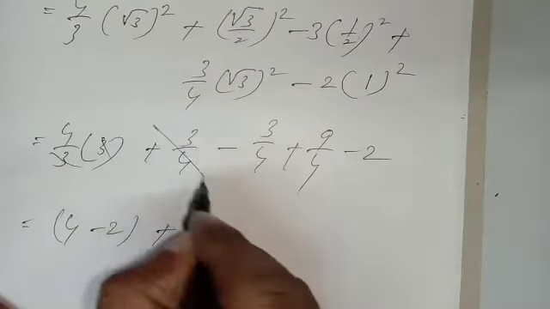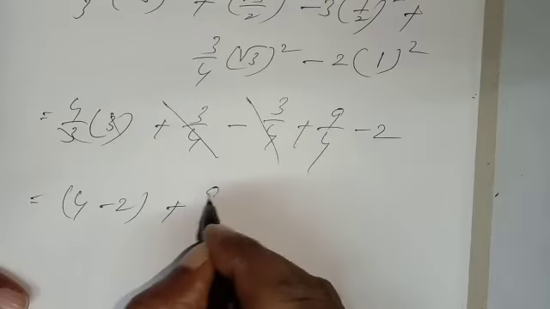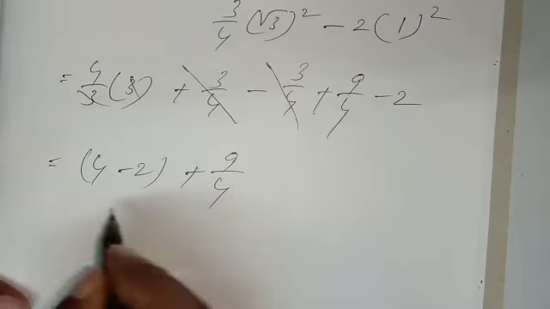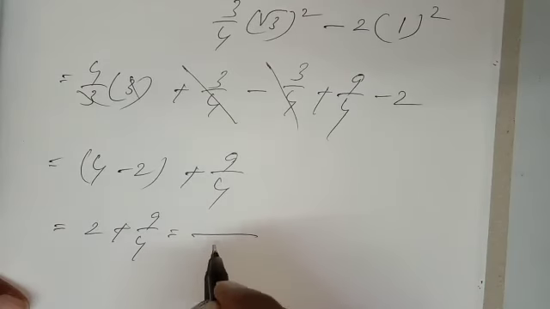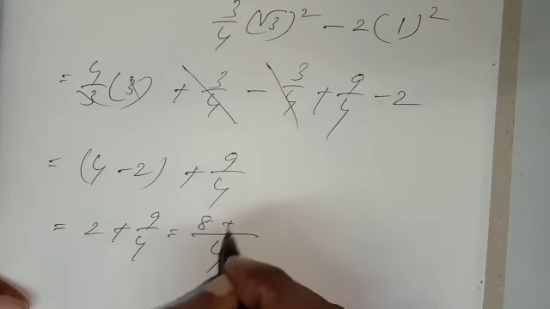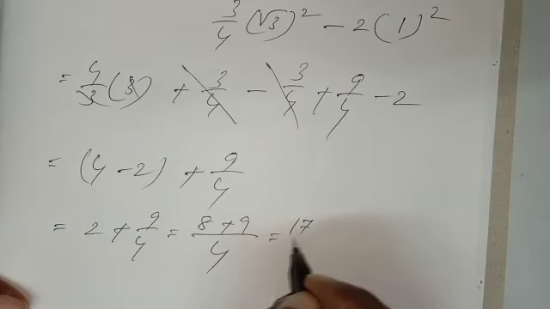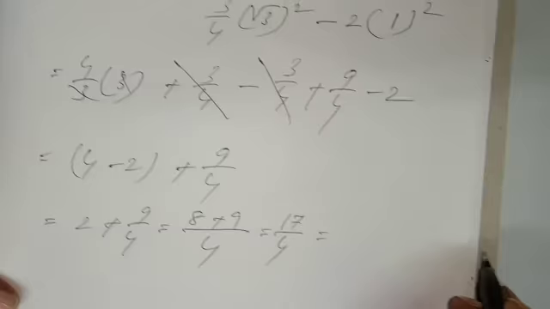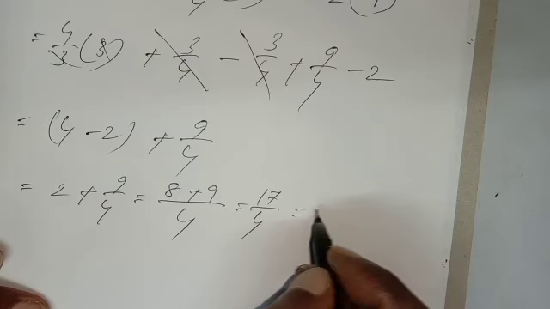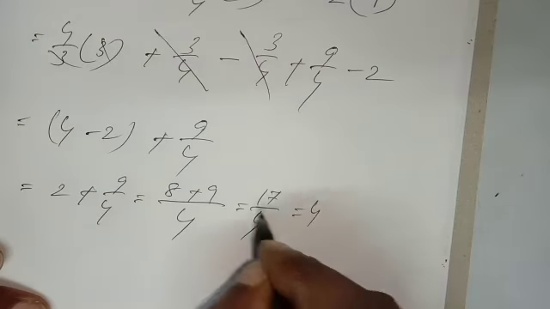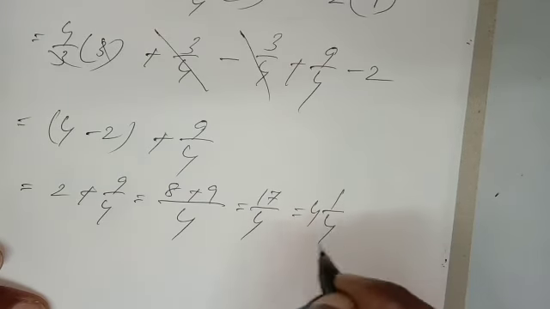After that, 3 by 4 minus 3 by 4 cancel. And this is 9 by 4. 4 minus 2 is how much? 2 plus 9 by 4. The LCM is 4. 8 plus 9, that is 17 by 4. Or you can write, you have to make it a mixed fraction, 4 1 by 4 is the answer.